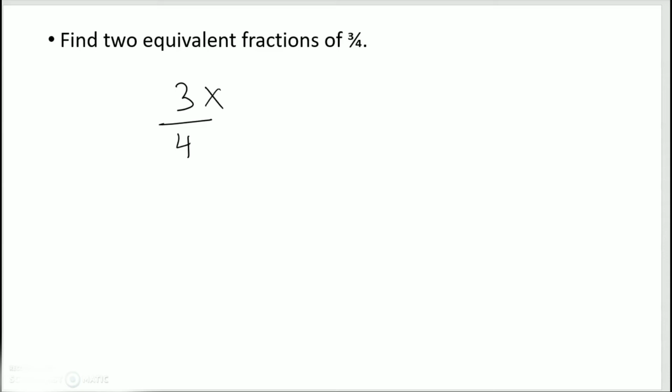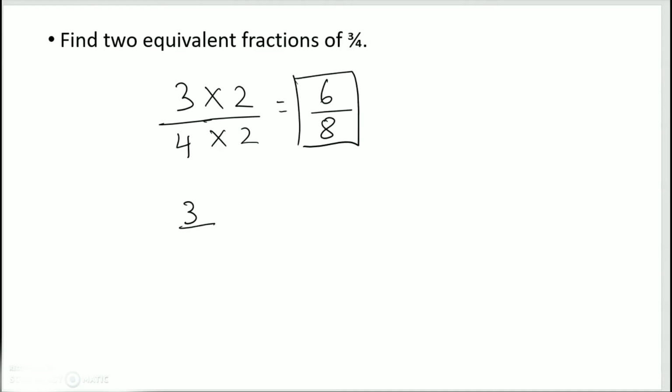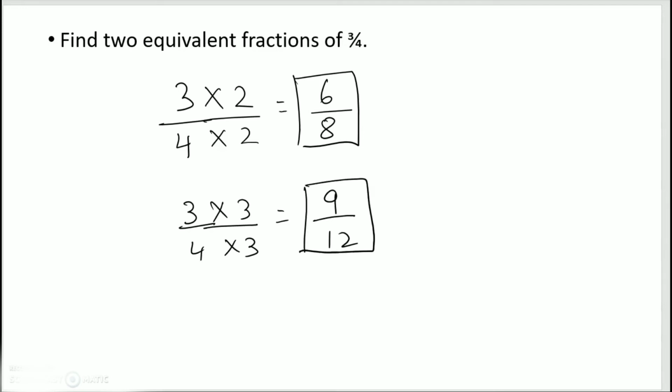So 3/4, I multiply by 2 and I get 6/8. So this is one equivalent fraction. 3/4 multiplied by 3, both numerator and denominator, I get 9/12. This is my second equivalent fraction. So I'm done because they have asked only two equivalent fractions.